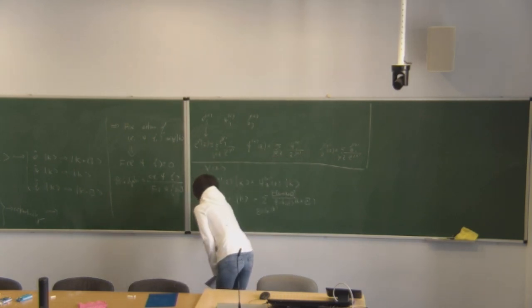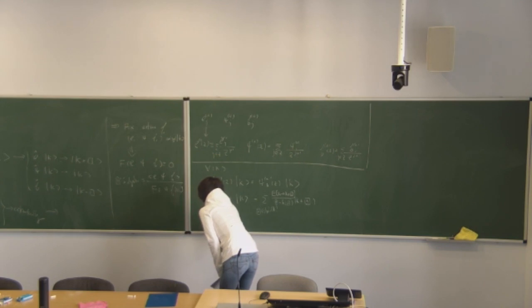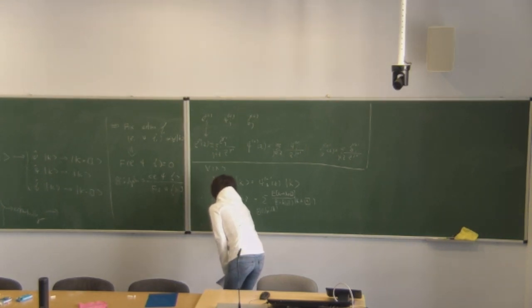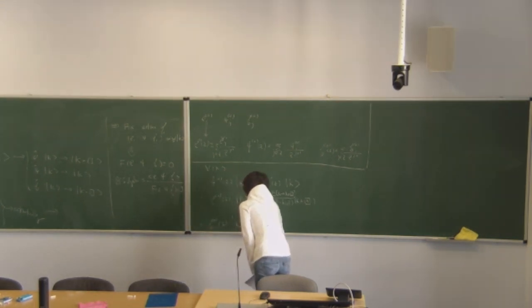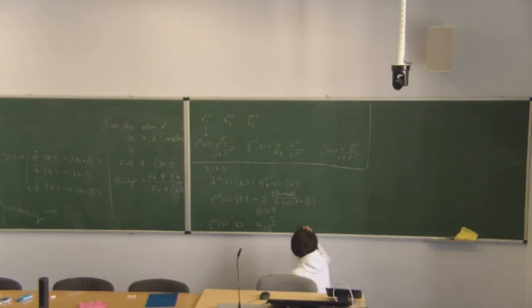And then similarly, the action of the lowering operator is that it's supposed to remove an atom of color A from all the possible places.